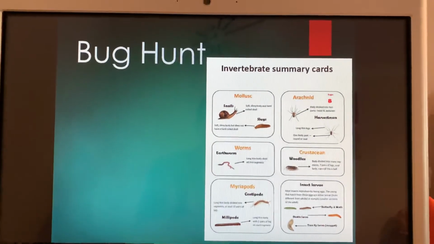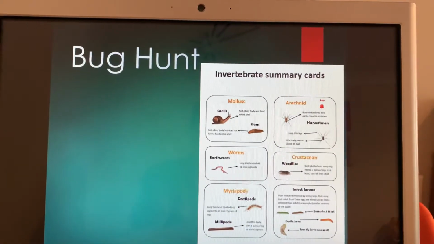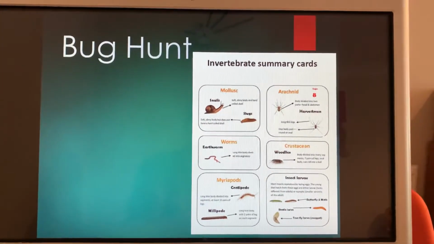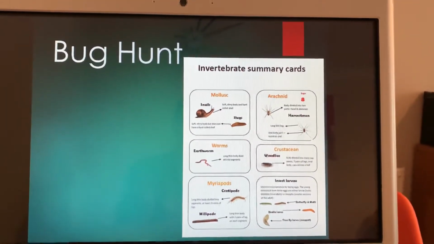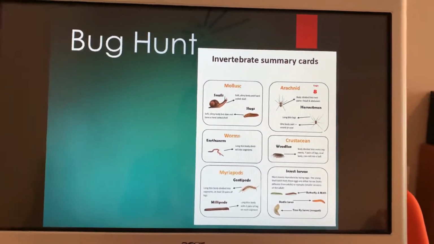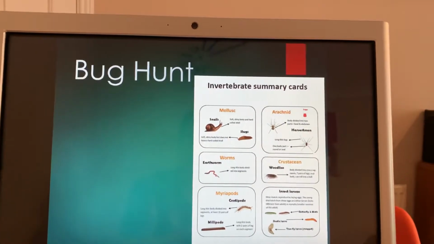Lots of slimy worms everywhere, especially in the garden. Be careful of them when you're cutting the grass. Any crustaceans? Woodlice are a prime example of a crustacean. Any myriapods? Any centipedes or millipedes? Or did you spot any insect larvae?